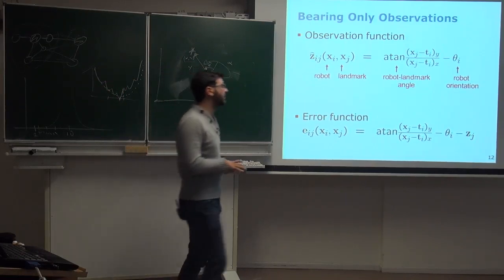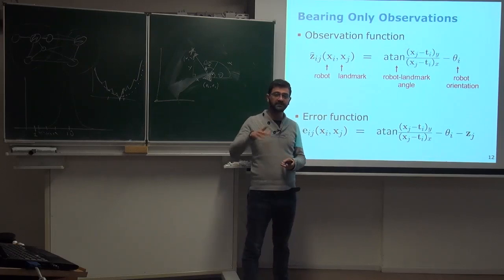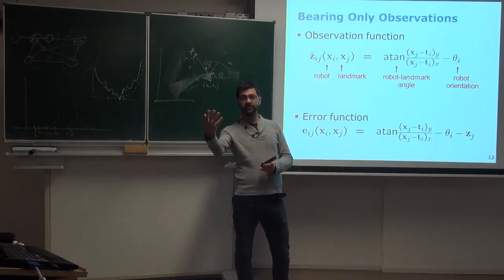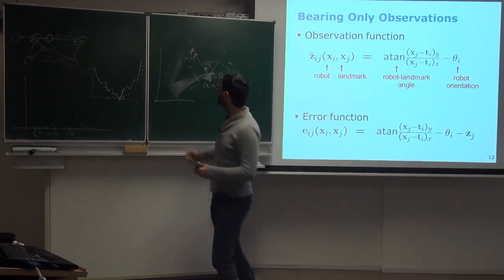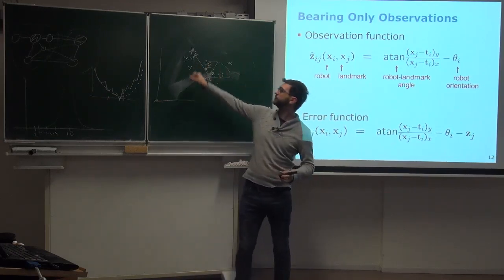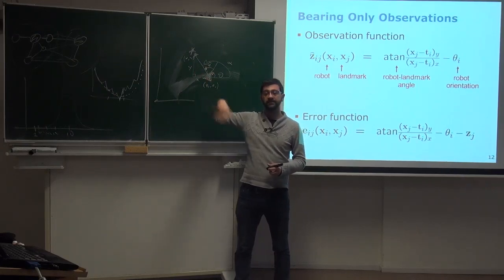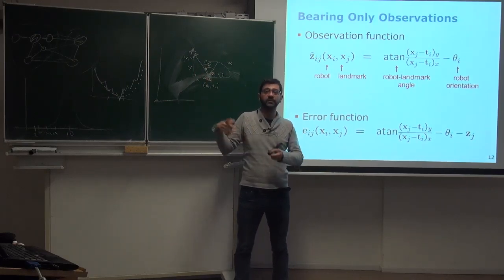So these are the two main classes of measurements that we use for landmark-based SLAM. There is a third one which is not that used, but it's getting more popular. It's where we just have distance measurement, but no angular. So on the other end of the spectrum from bearing only, there is the distance only sensor. The reason it's getting popular is because it's what you can use for Wi-Fi signal strength, for instance.